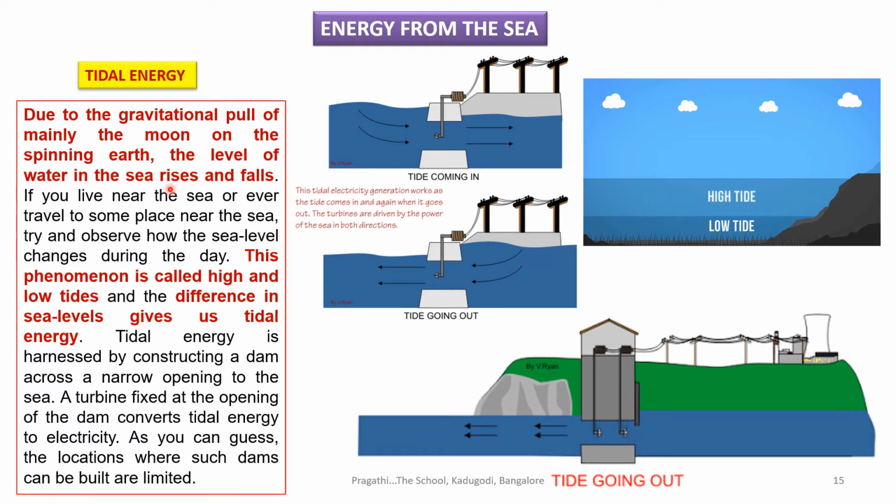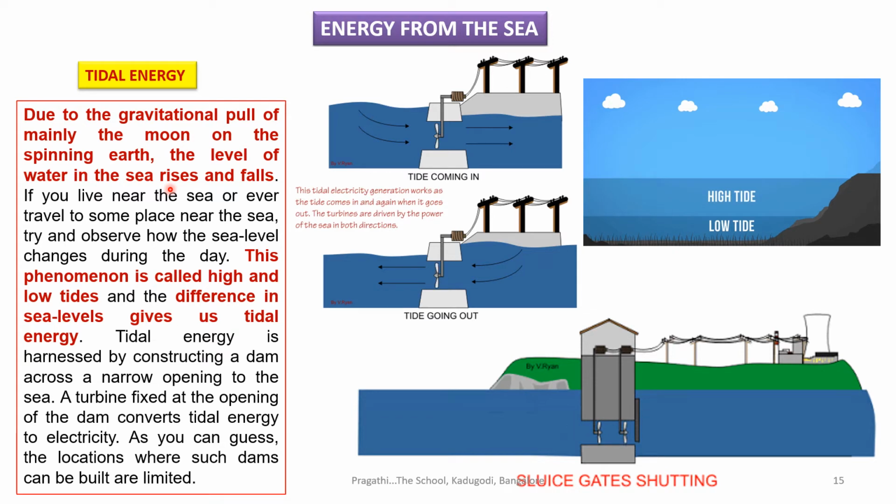The rise of the water is called high tide. The fall of the water is called low tide. Using that high tide and low tide, we can produce energy.